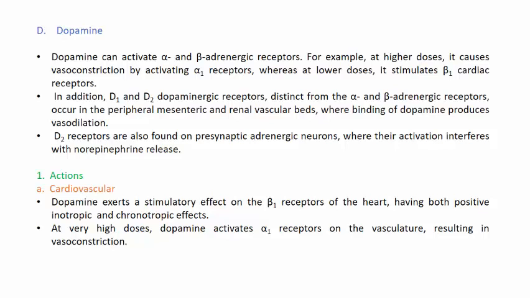So dopamine has an effect on both the alpha and beta adrenergic receptors, and this depends on the doses used. For example, at higher doses it will cause vasoconstriction by activating alpha 1 receptors, while at lower doses it stimulates beta 1 cardiac receptors.